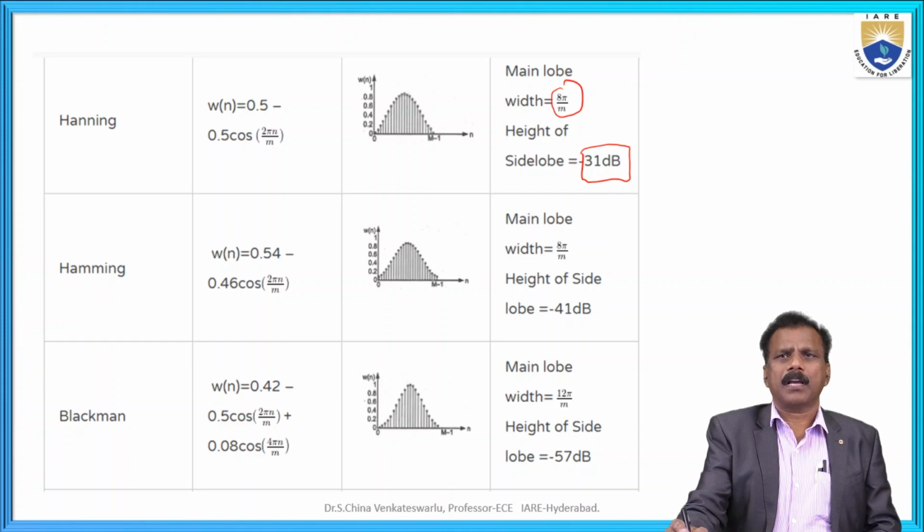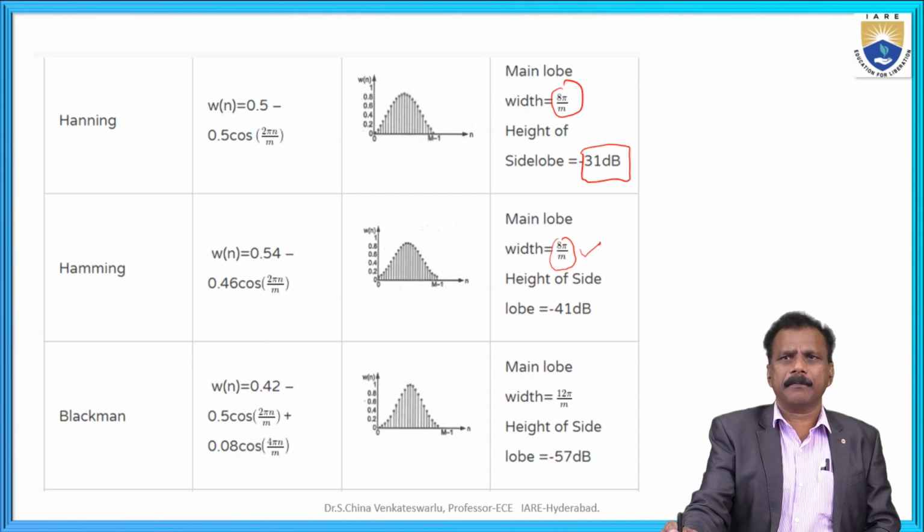Coming to the Hamming window, the main lobe is 8 pi by M, the same main lobe width. The side lobe height compared to Hanning increases to minus 41 decibels.